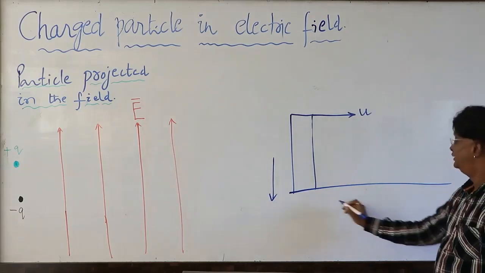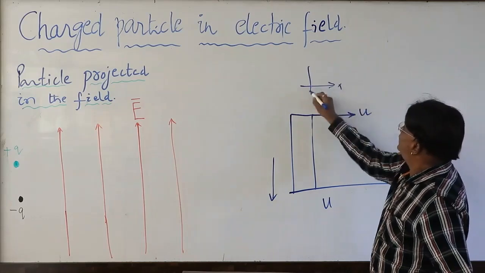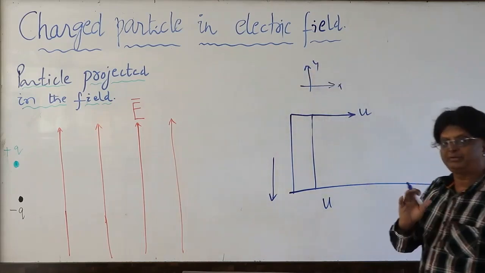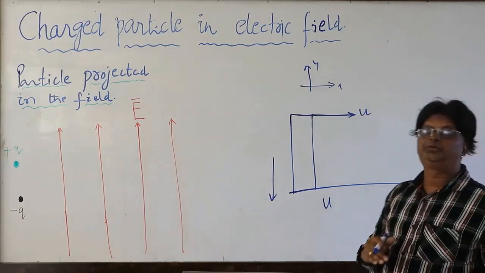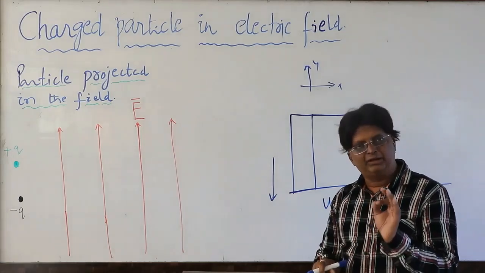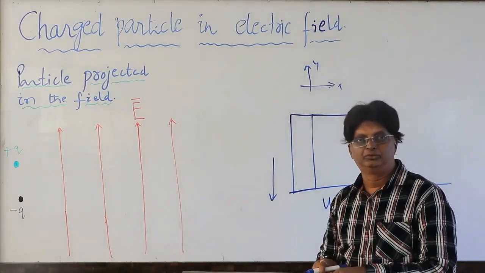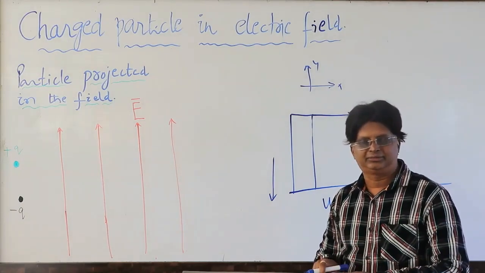Now remember, suppose I take this as x direction and this as y direction. What was our discussion? I just remind you one time, because now we have to duplicate the same things. All the first year concepts will have a duplication in second PU with a simple change in terminology and symbols.